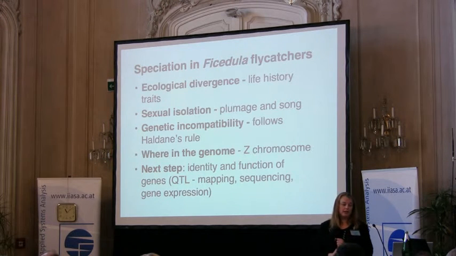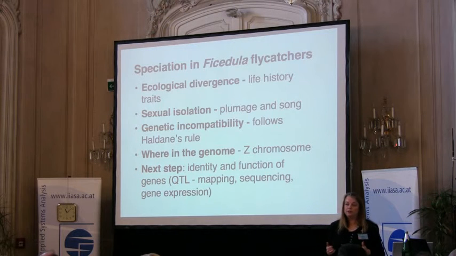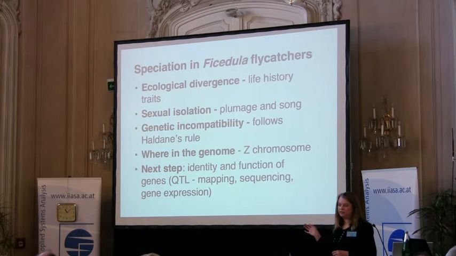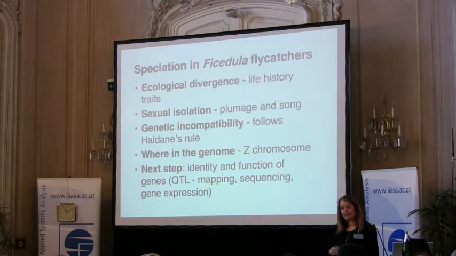We know that ecological divergence is important, but not in terms of traits used to feed. It's rather life history traits that are important in this system. There is also sexual isolation driven by plumage differences and differences in song. There is genetic incompatibility according to Haldane's rule.